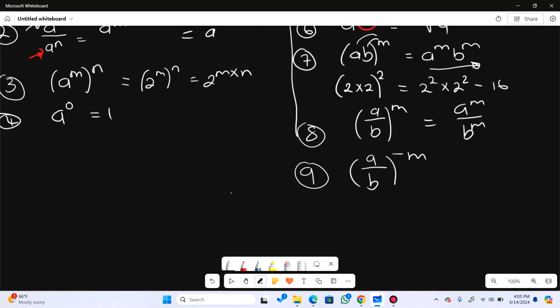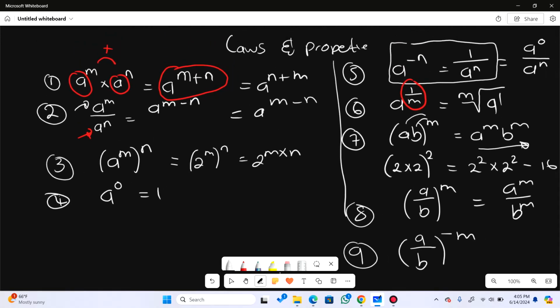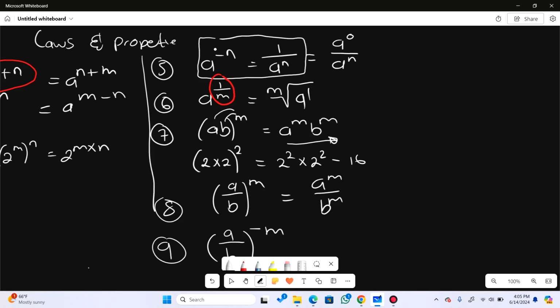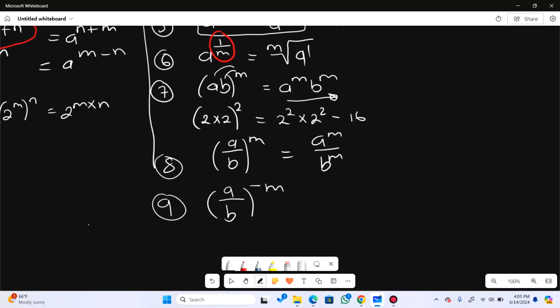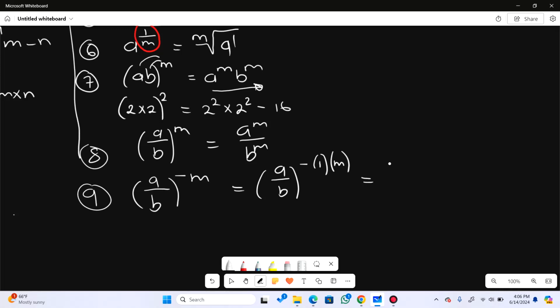Remember, if you go back to property number 5, where we had a negative exponent and we changed it to this form, just like this one here. So this one here is the same as 1 over a over b raised to the power negative 1 and then m. Okay, so this is the same as a over b to the negative 1, and then raised to the power m.